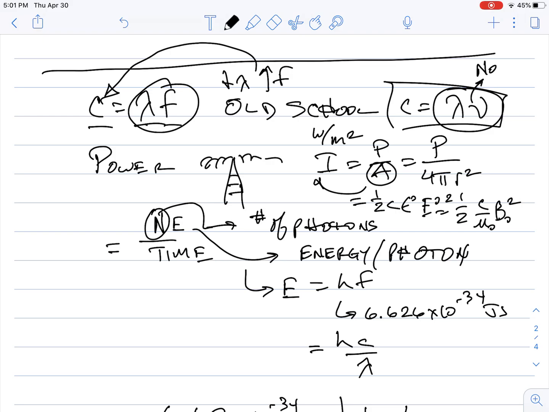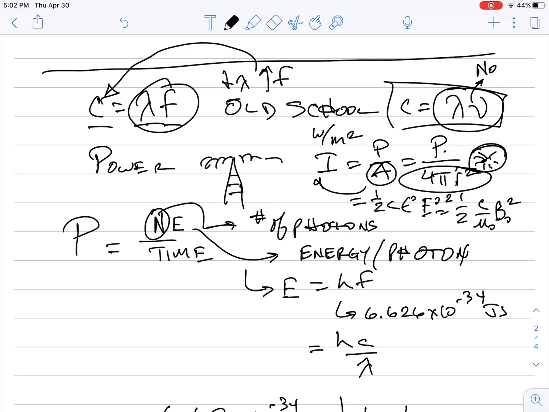This is why if you're standing very close to a flashlight and you stare at it, guess what? You're really, really close to it. There's not much area, because that area is going to be 4 pi r squared. And remember, this is the area coming out like in a sphere. Like here's the sun, and this is radiating out like this. So you get watts per square meter. As your radius is smaller with the same power, that's going to increase that intensity.